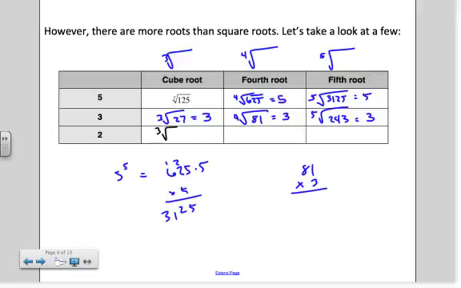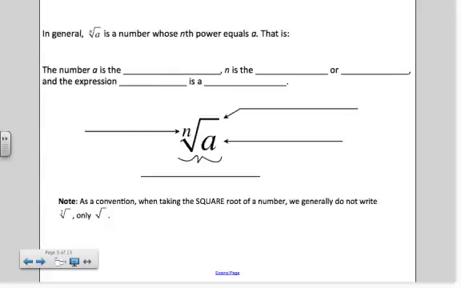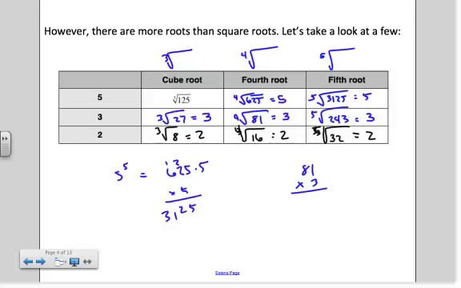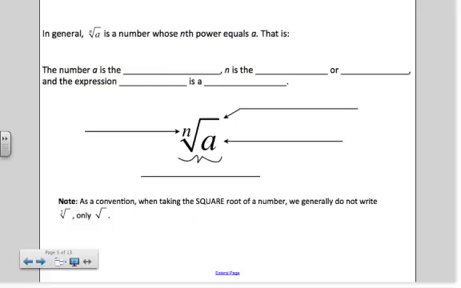The cube root of 8 is 2, the fourth root of 16 is 2, and the fifth root of 32 is 2. Okay? So, there we go.